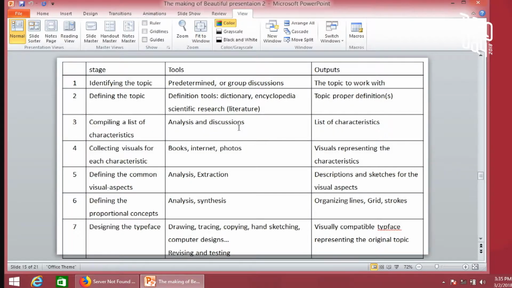They have to develop rules that guide them to formulate the final letter set, reformulating the rules of the characters together. Every step of our method has tools, but at the same time it has outputs.